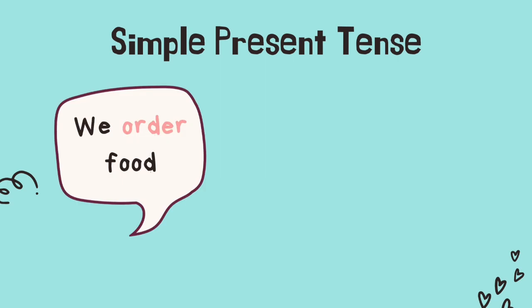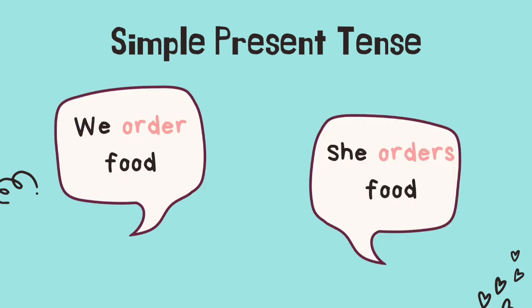We order food. She orders food. Kami memesan makanan. Dia perempuan memesan makanan. Ya, in here we can see the differences between we and she. We as a subject, there's no add s, and she as a subject, we add s after the verb.